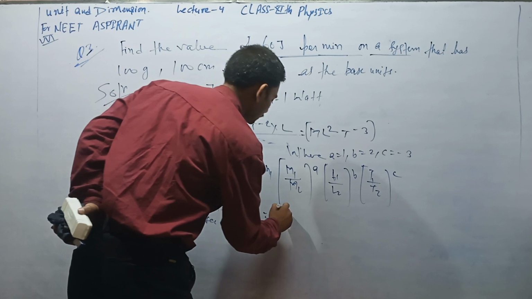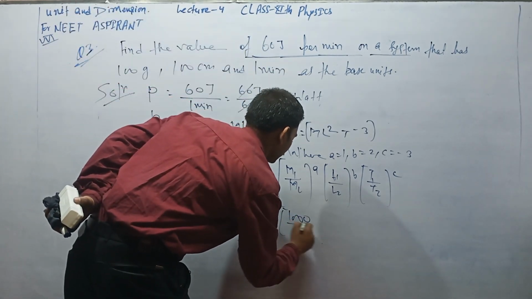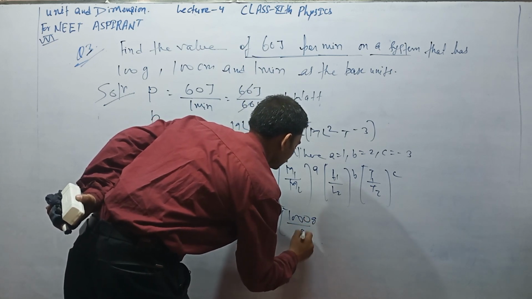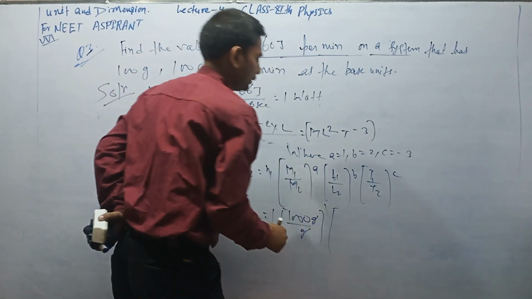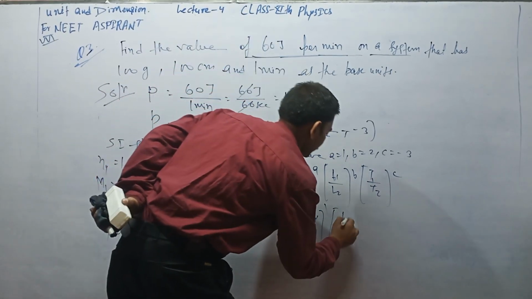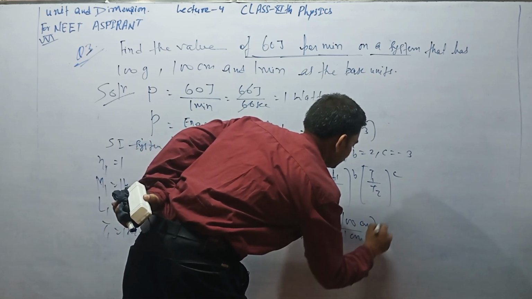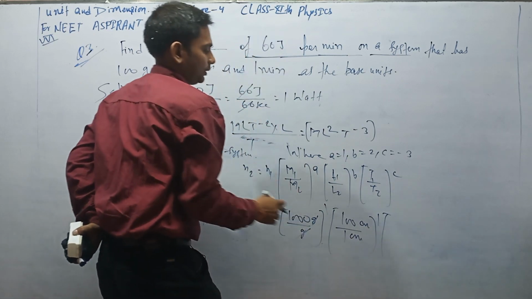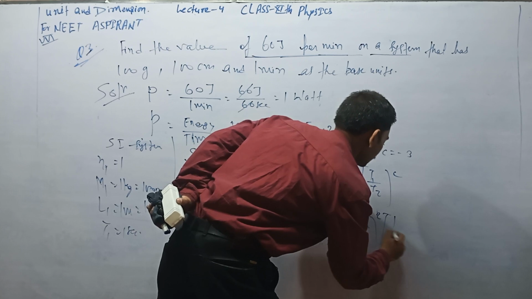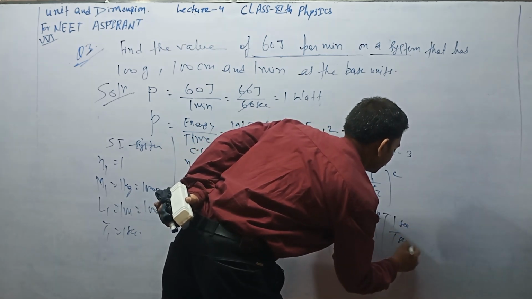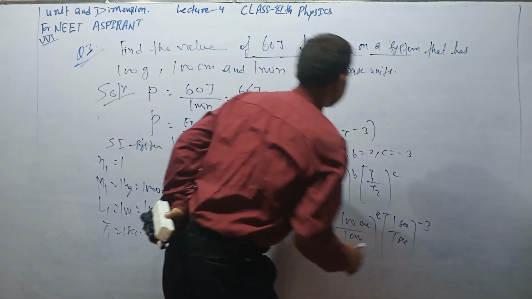Here N1 is 1 watt, M1 1000 gram, power of A 1, L1 100 upon 1, power 2, T1 1 second, power of 3, C minus 3.